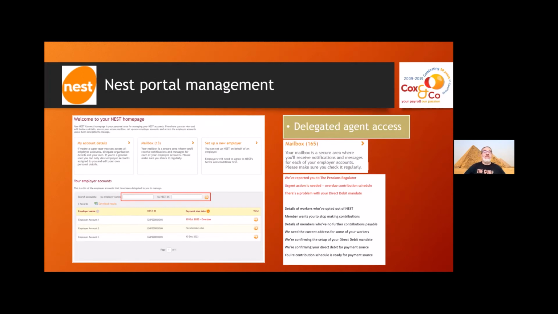Little look at the Nest portal management. Some of you will have seen this, some of you won't. It's not very exciting, and when people have delegated access, we take great pains to say don't do anything with it. We've had examples where people have... Nest creates contribution schedules.